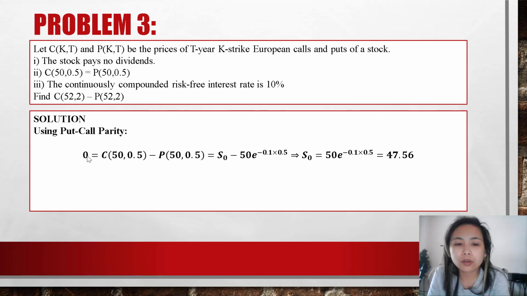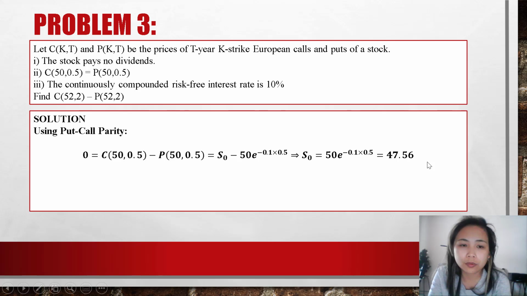And if we use the put-call parity formula, we get this equal to S0 minus 50 times e to the negative 0.1 times 0.5, because r is 10% and T is 0.5. So S0 is equal to 50 times e to the negative 0.1 times 0.5, which is equal to 47.56. That's the current stock price.